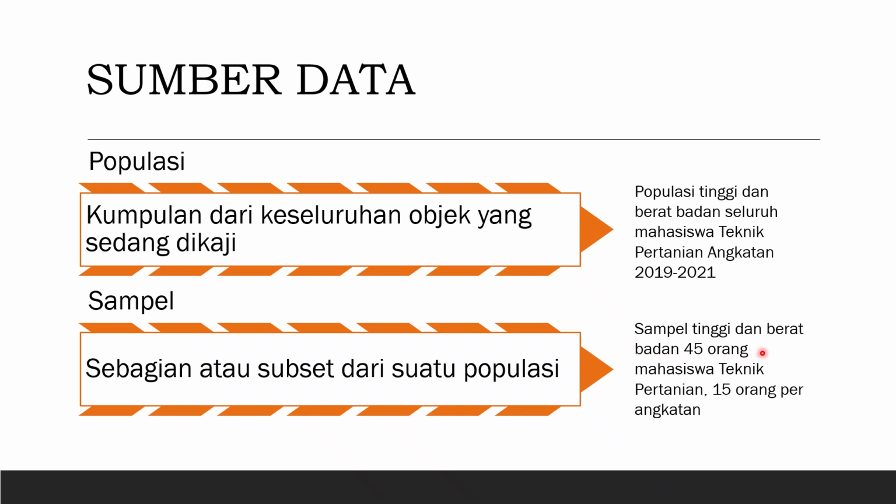For example, you just select about 45 students from 240, where for each year you can select about 15 students. Altogether, from 3 years of students, you have 45 students. So this 45 students is a sample of students from the Department of Agricultural Engineering, from the total of about 240 students.